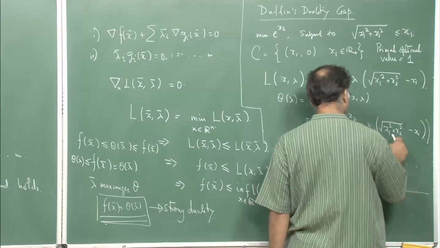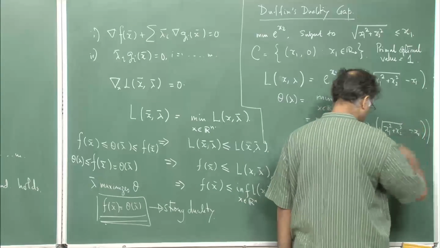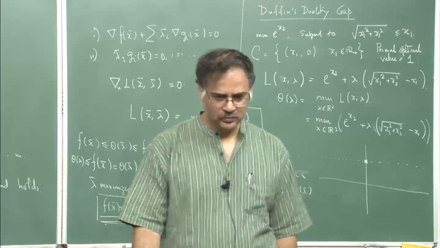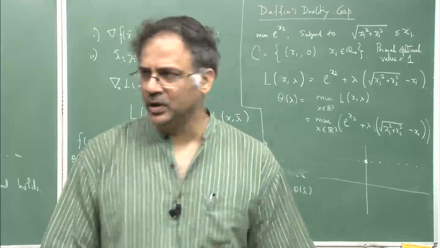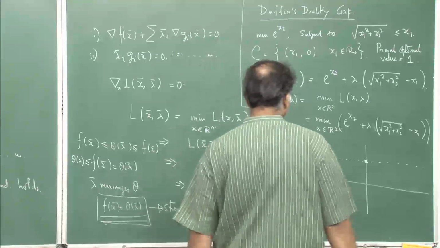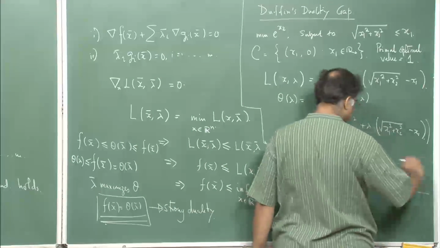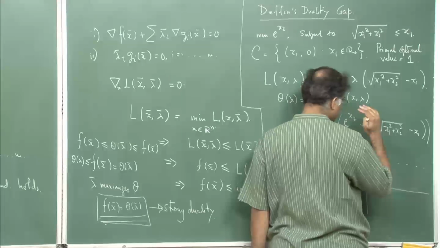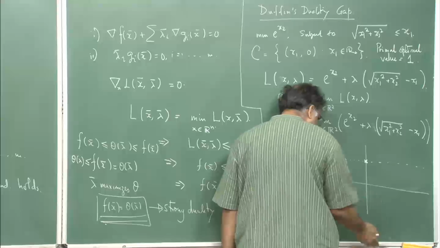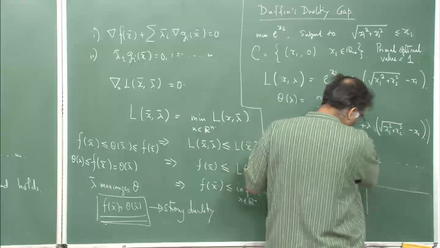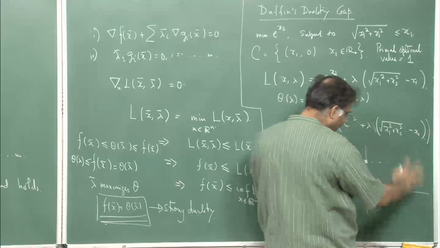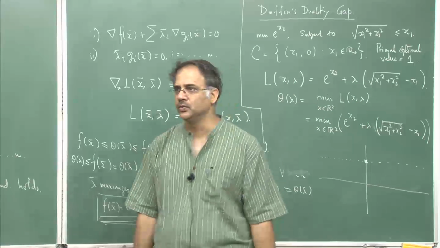So, once I fix a value of x2, this is a function of x1. So, on this line for a fixed x2, I need to find what is the minimum of this function and then I will vary x2. So, basically I am sweeping this horizontally and then sweeping this vertically, means I am covering all of R2.